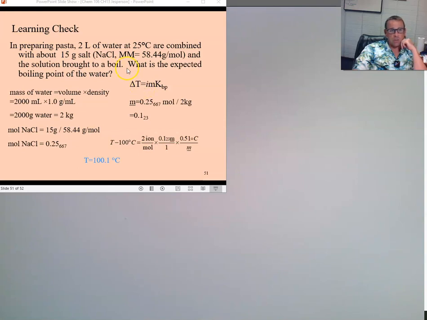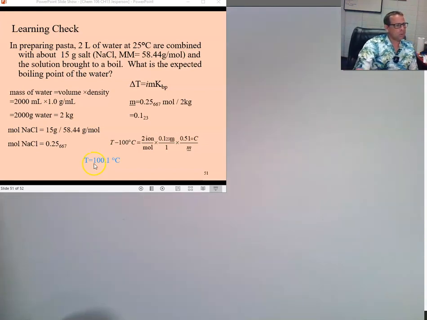So it's 2 in this case, because sodium chloride is dissolving in our solution. And the result is not the new boiling point, but it's the shift in the temperature. So we have to know what the previous boiling point was. We also have to remember to add our new value to the boiling point, because it increases the boiling point when you have solute dissolved in it.